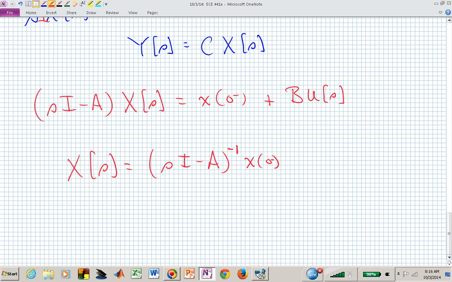That s is concentrated on the diagonal until we start inverting that matrix, and then it gets thrown everywhere. But we also have to multiply on the left the second term, which is now sI minus A inverse B times U of s.